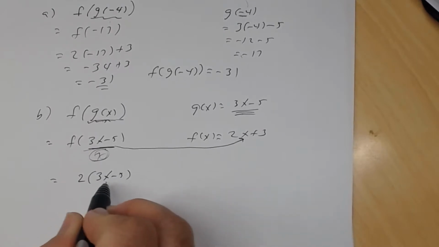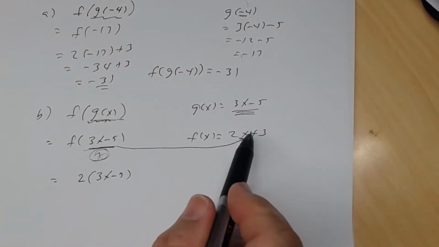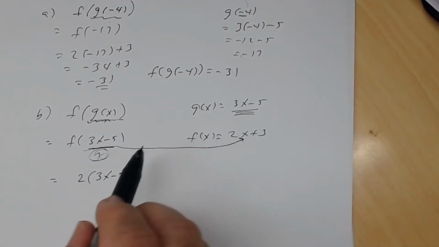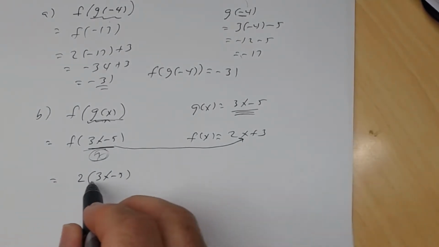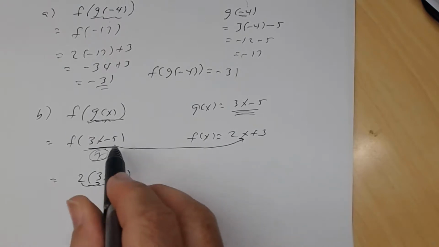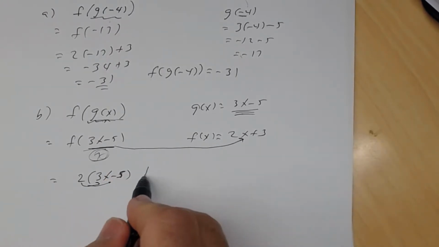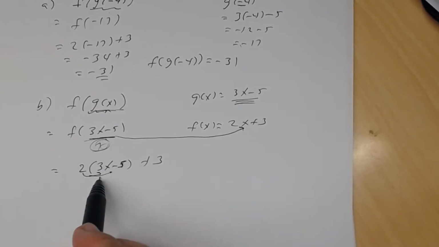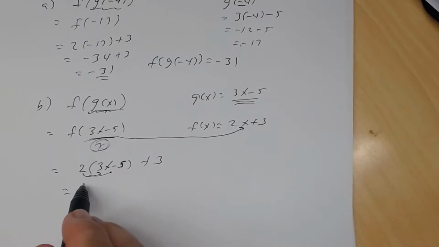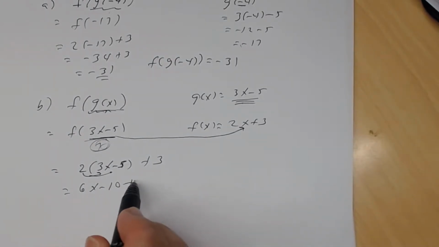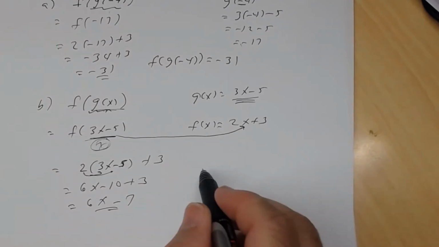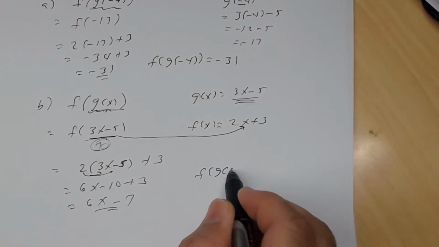Notice the parentheses, because all of this expression, whatever you're replacing x with, 3x minus 5, has to be multiplied by 2. So hence the parentheses, and you can now distribute this. And then don't forget that's going to be plus 3. So 2 times the quantity 3x minus 5, plus 3. Now distributing, I get 6x minus 10 plus 3, so that's 6x minus 7. So that is f of g of x.